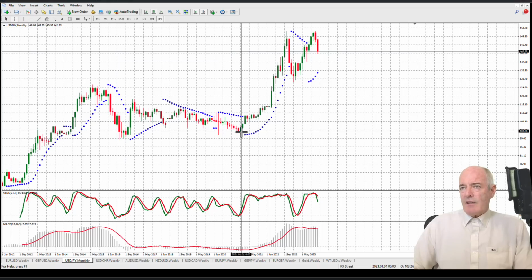The reason was there was such dramatic deflation in Japan, and there was a huge discrepancy between the interest rates in the United States and Japan, and also a huge discrepancy in bond yields between the Americans and the Japanese, which drove the dollar yen higher.